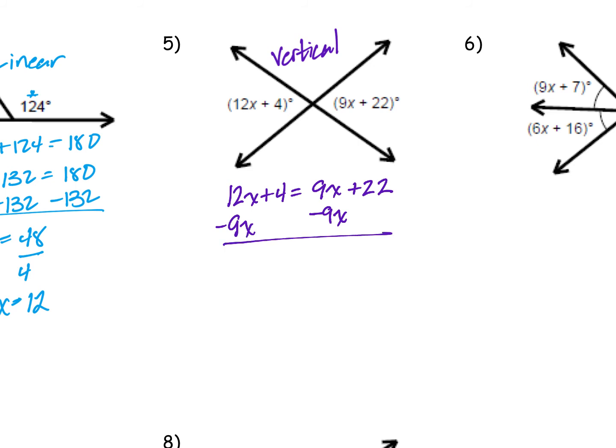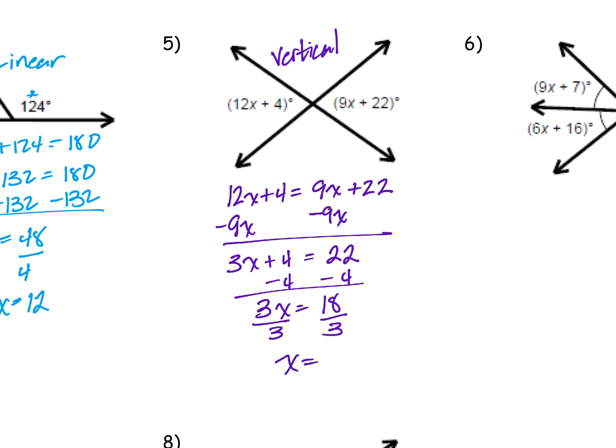And I get 3x plus 4 equals 22. And then what am I going to do? Subtract 4. And I get 3x equals 18. And then I divide by 3, and x equals 6. Lovely.